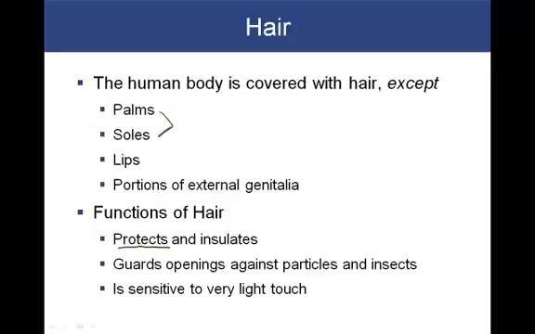Hairs guard openings against foreign debris. Every day as we inhale air, we bring in a tremendous amount of dust and other particles. The nose hairs help capture some of those large particles and filter them before they reach our lungs.